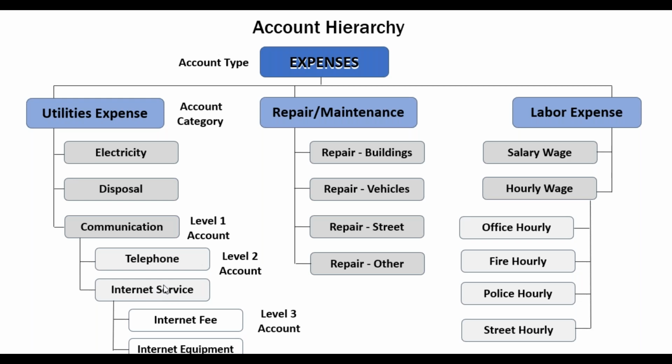And then if you summarized it at level 1, you would see all telephone and all internet service expenses under communication. And still, you can summarize it at the account category level and see all of this activity under utilities expense. It really is just a matter of matching what you're needing for that particular reporting purpose.